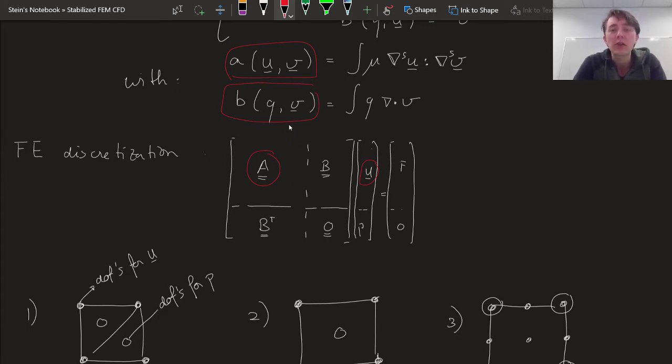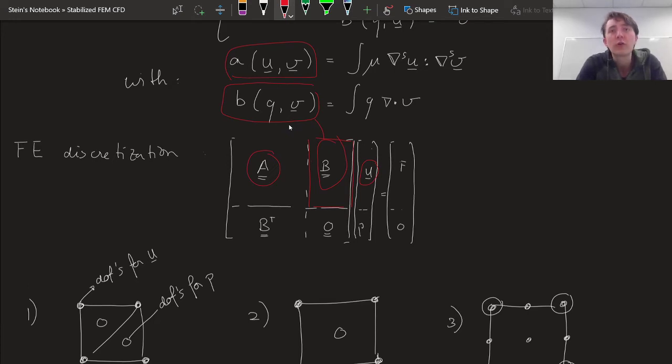And we did some analysis, and we found that there was actually a quite strong relation to linear algebra for the matrix B, namely that B had to be full rank, and it had to be a tall matrix in the sense that its number of rows was larger than its number of columns. So those were the linear algebra equivalents of the inf-sup conditions for the weak statement.